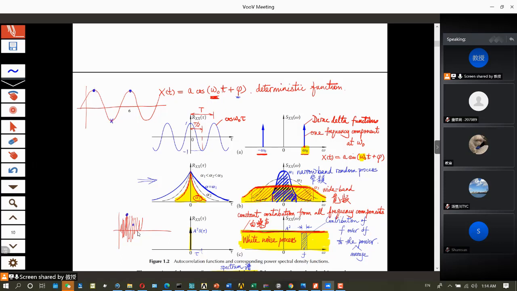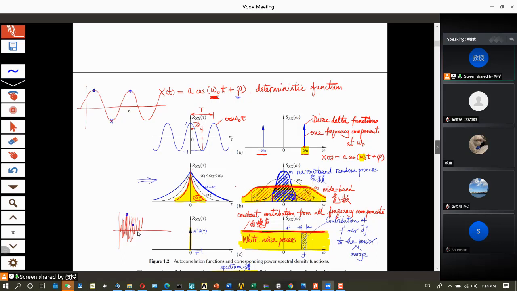The third case is a limiting case of alpha 3.